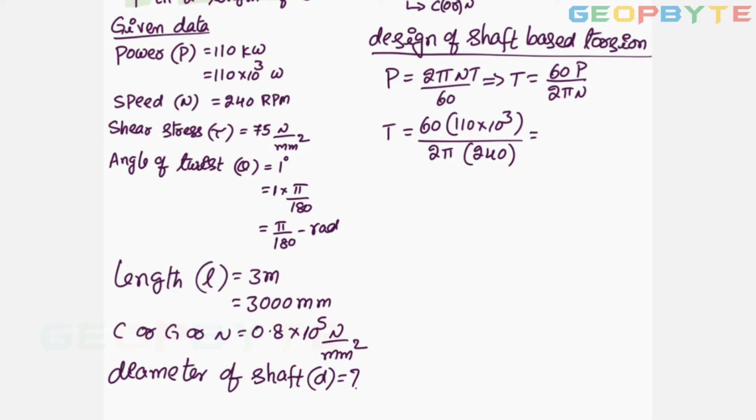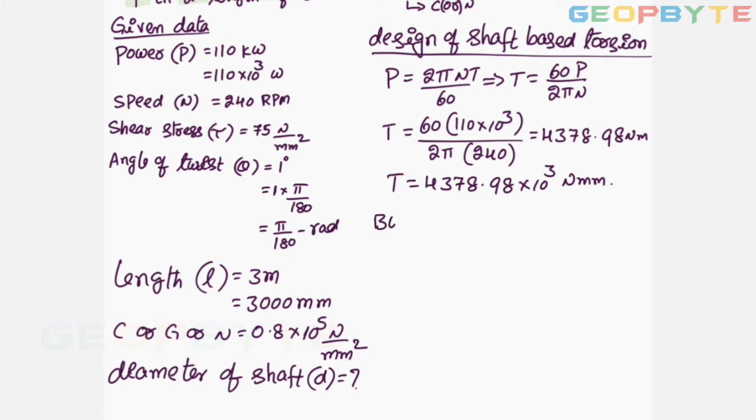Simplify this value for getting the torque: 4378.98. Let it be in Newton mm: 4378.98 into 10 raised to 3 Newton mm.